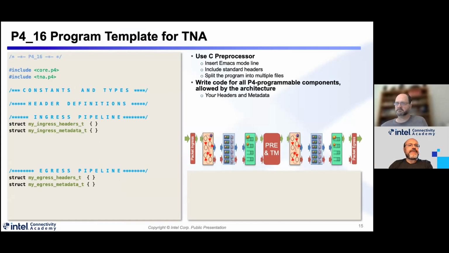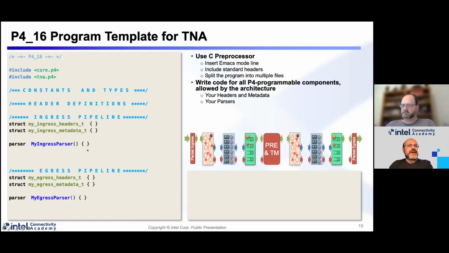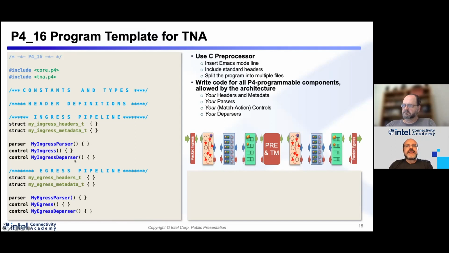That would be the definitions of the structs which carry our headers and metadata in ingress and in egress. And then we have to define the algorithms for our ingress and egress parser, ingress and egress match action, or sometimes people say match action pipeline, sometimes they say match action control, and ingress and egress deparser.